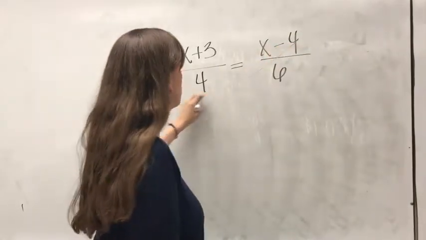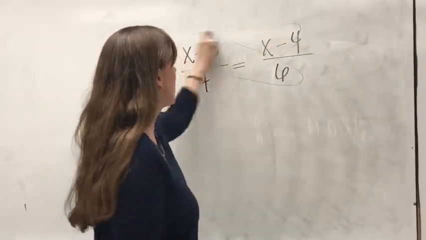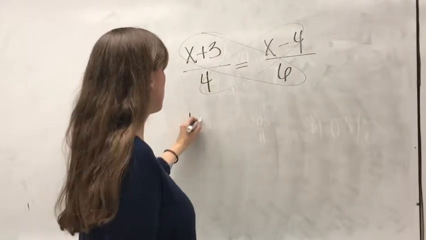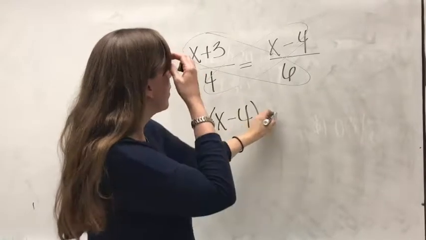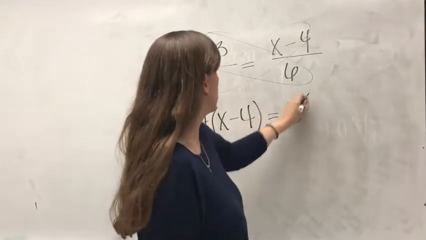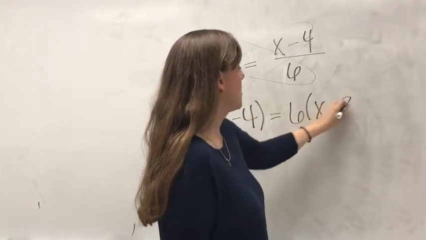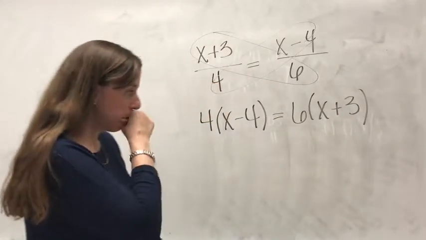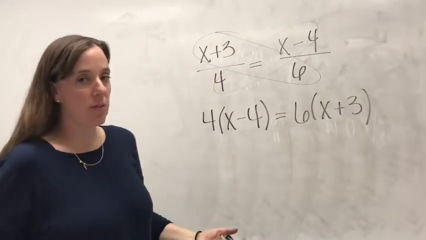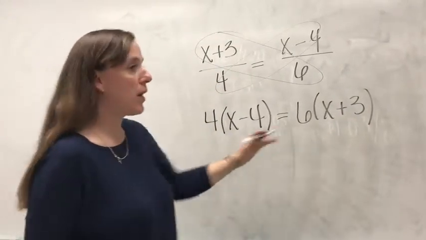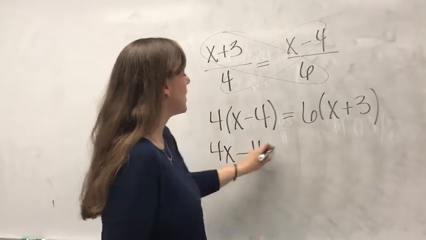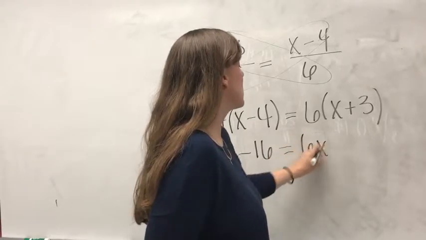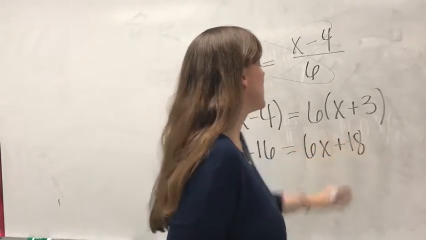So we're going to multiply across and set them equal to each other. So it's going to be 4 times the quantity x minus 4 equals 6 times the quantity x plus 3. And next we have to use the distributive property. So it's going to be 4x minus 16 equals 6x plus 18.